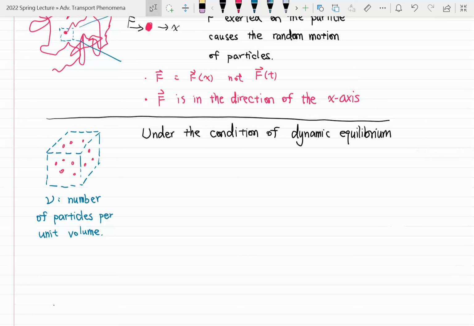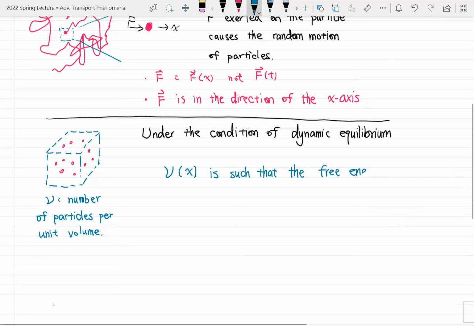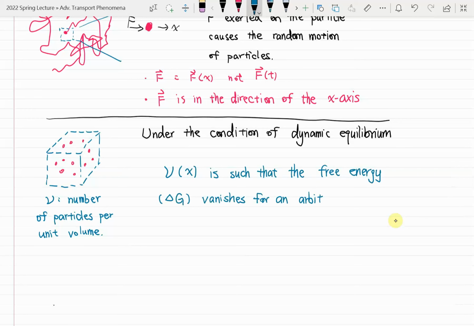That means the number of particles as a function of position, nu of x, is such that the free energy, which we denote delta G, vanishes for an arbitrary displacement.